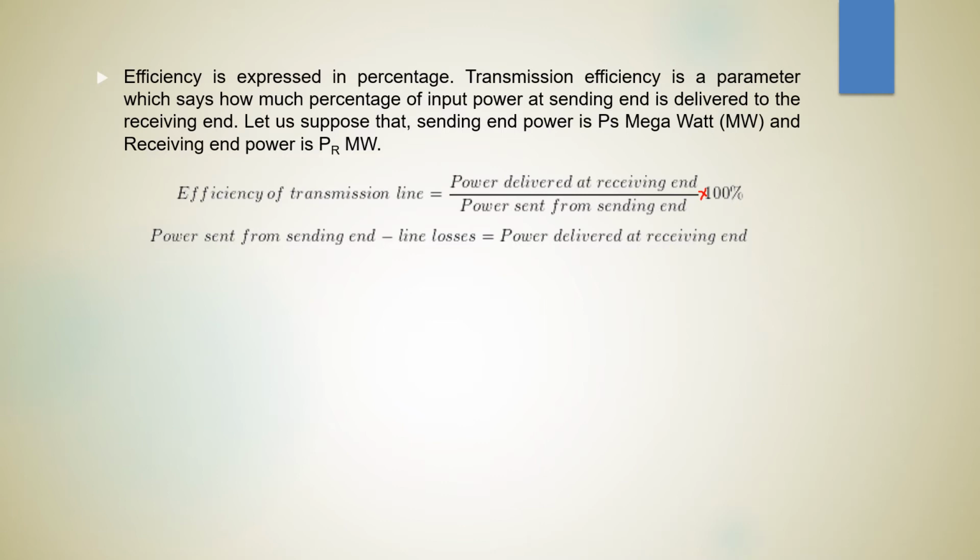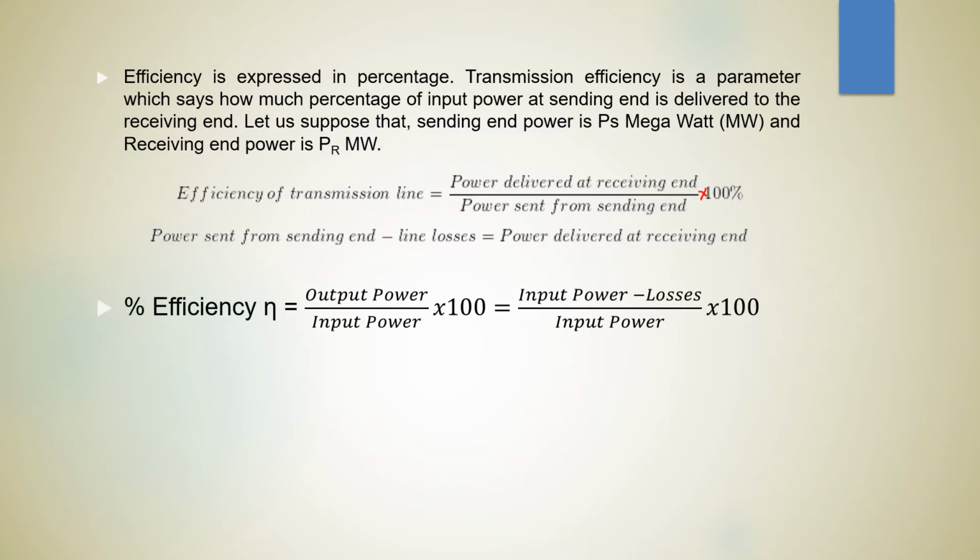The power sent from sending end minus losses gives us power delivered at receiving end. Once again, we can define the percentage efficiency as output power upon input power, which is the very basic definition of efficiency, into 100 if it is in percentage. It is equal to input power minus losses divided by input power into 100.